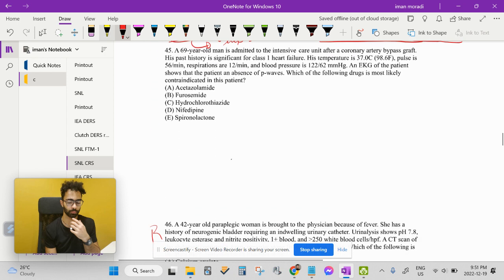All right. A 69-year-old made it to intensive care after bypass, one hour of heart failure. Pressure is normal, heart rate is a little low, respiration's okay, blood pressure is okay. There is an absence of a P wave.